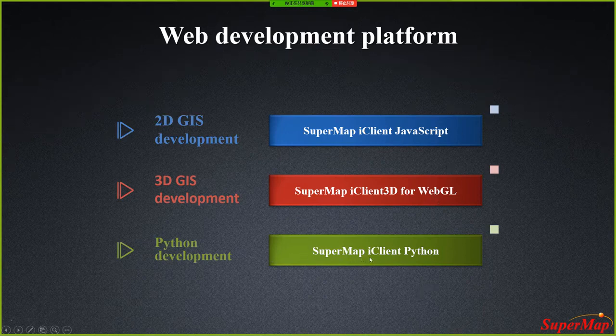And SuperMap iClient Python is the SuperMap cloud GIS client Python SDK, meaning the software development kit, which packages the REST APIs of SuperMap iServer, iPortal, iManager, iEdge and Online, so as to help users call the functions of the above products in the Python environment to realize data analysis and scripting operation and maintenance.